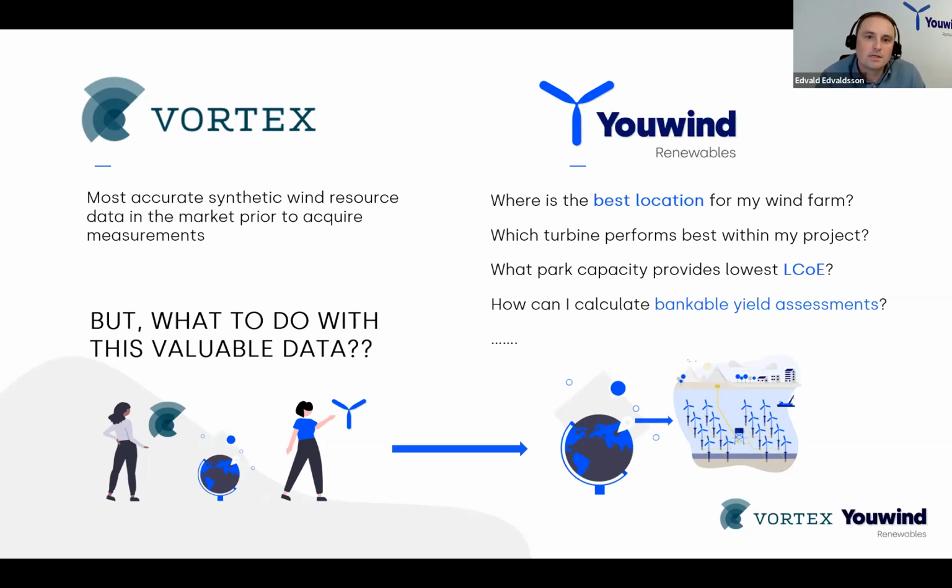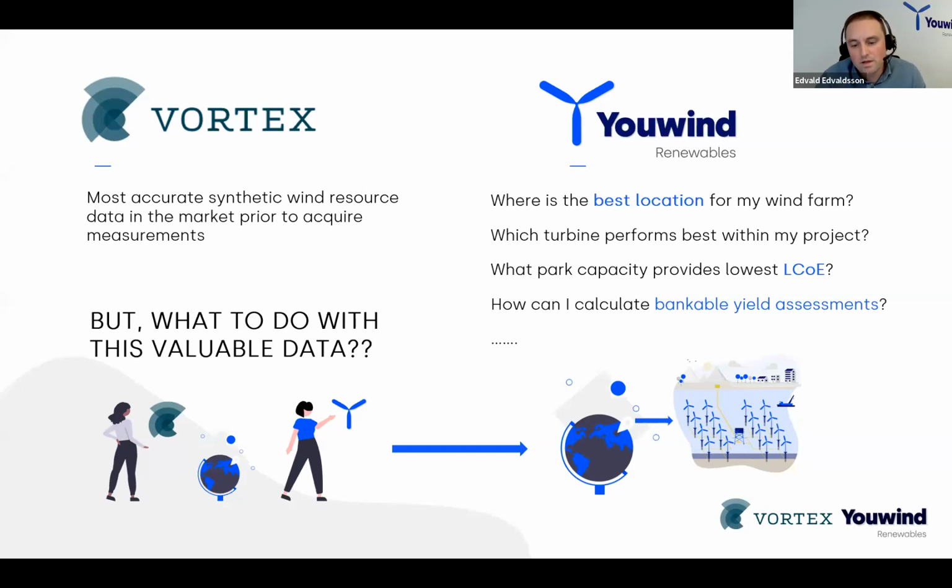So Youwind is a platform that gathers these data sets. It optimizes where the best location for my wind farm is, which turbine is the best one for my project, which capacity will provide the lowest LCOE, which technologies can be used, and which foundations are the most cost-economic.